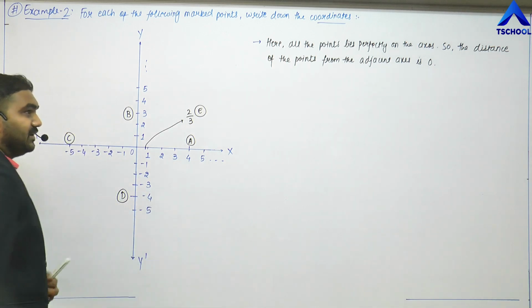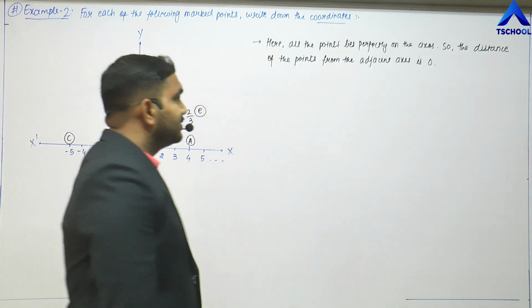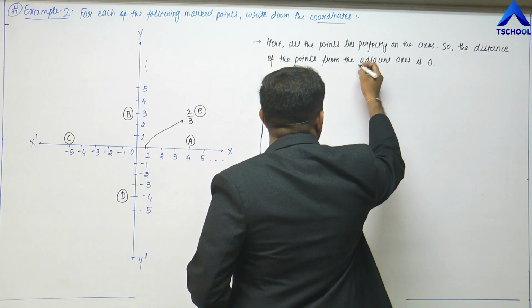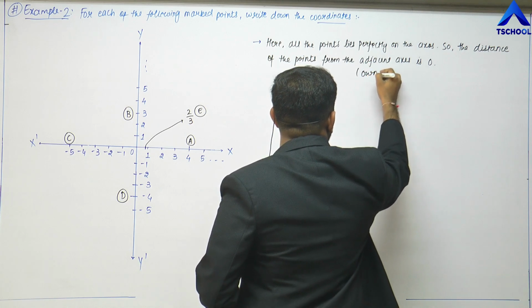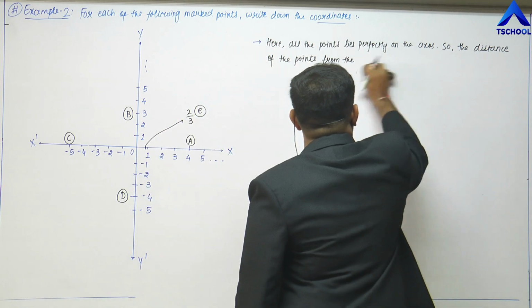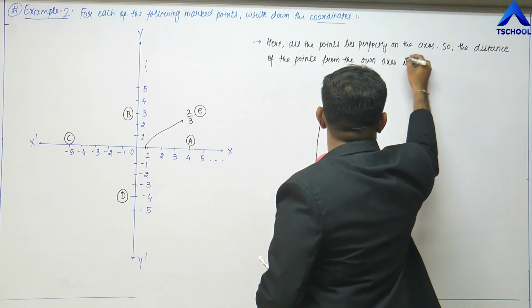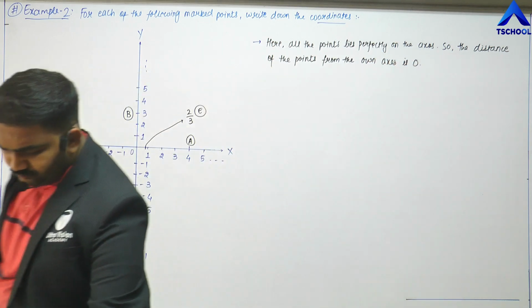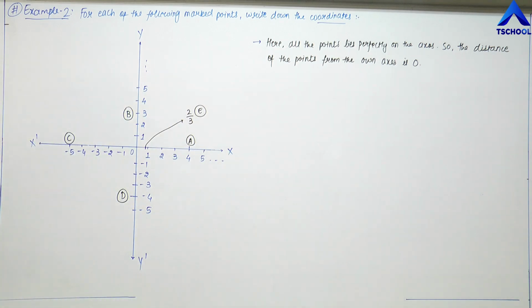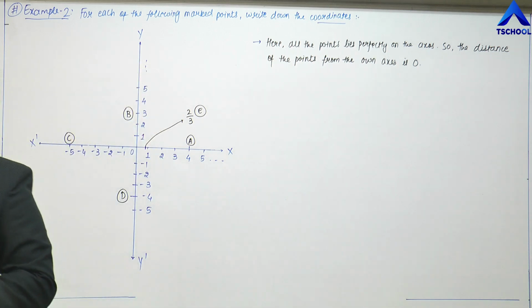then its distance from x-axis will be 0, right? Because it is already on the x-axis, or here adjacent axis also you can write from the own axis, right? Let us write down from the own axis, so that will be easier for you to understand. From the own axis is 0. How? If a point lies on the x-axis, then its distance from the y-axis is available, but its distance from the x-axis is not available.